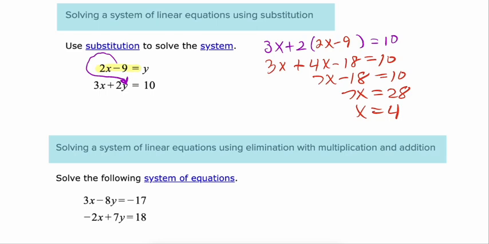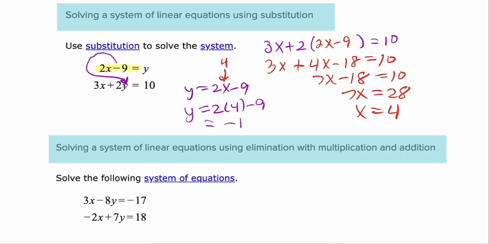Now, it is a point of intersection. So we have only found the x, but we know something great. We know that y equals 2x minus 9. So if we stick our 4 value right there, then we've got it. So you should always write your answer as an ordered pair if they intersect. So y is going to equal 2 times 4 minus 9, which is 8 minus 9, or negative 1.